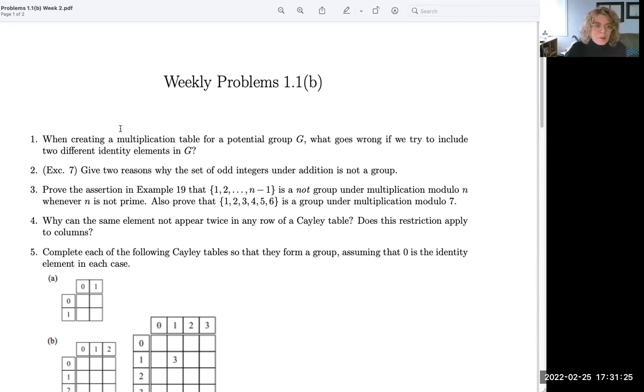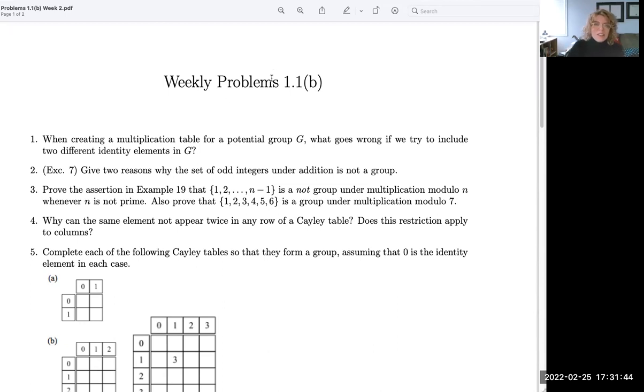So the first question: when creating a multiplication table for a potential group G, what goes wrong if we try to include two different identity elements in G? When I looked at students' solutions, a lot of answers were really vague.